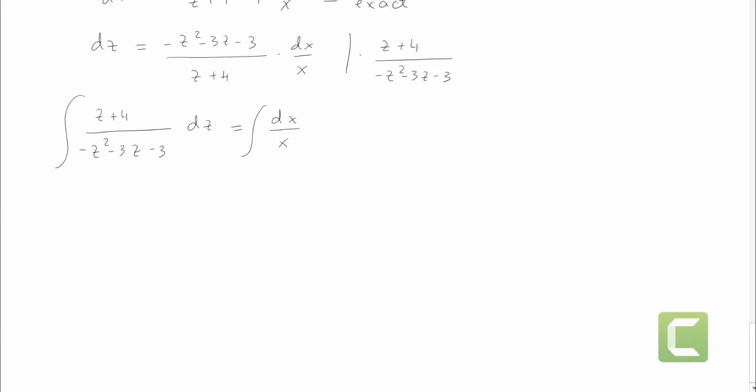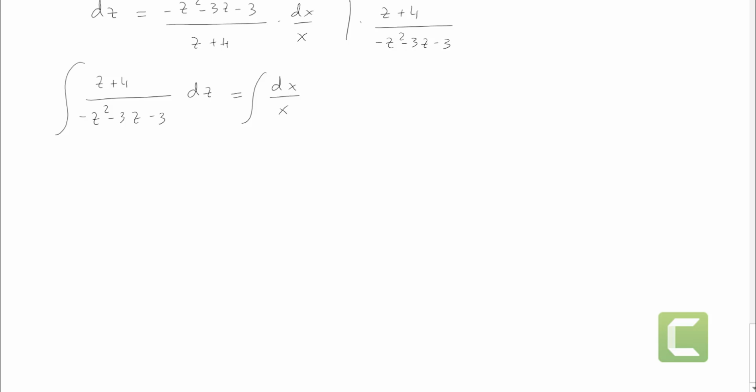Let's solve the integral. You can pause here, try and solve the integrals, and then get the equation back into y and x. If we use a substitution u equals negative z squared minus 3z minus 3, the differential du is (negative 2z minus 3) dz.